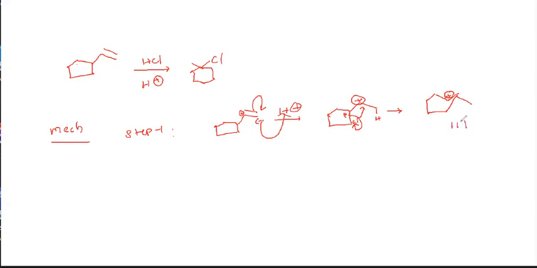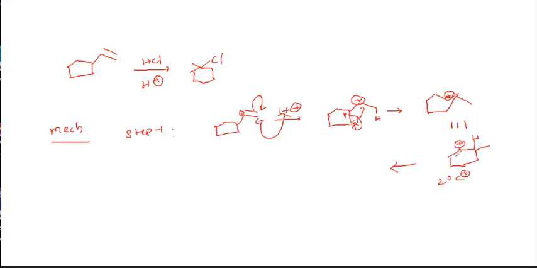This is actually a 6-membered ring, like this. Again an adjacent carbocation, right? Here one hydrogen is there. Here this is a secondary carbocation, but in carbocation stability, tertiary is more stable. So this hydrogen shifted to here. Wagner-Meerwein rearrangement: that particular hydrogen shifted to the adjacent position of the carbocation.